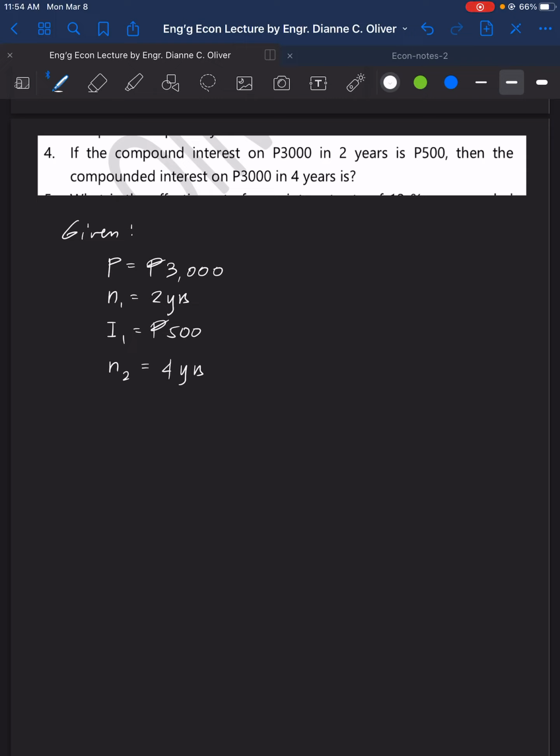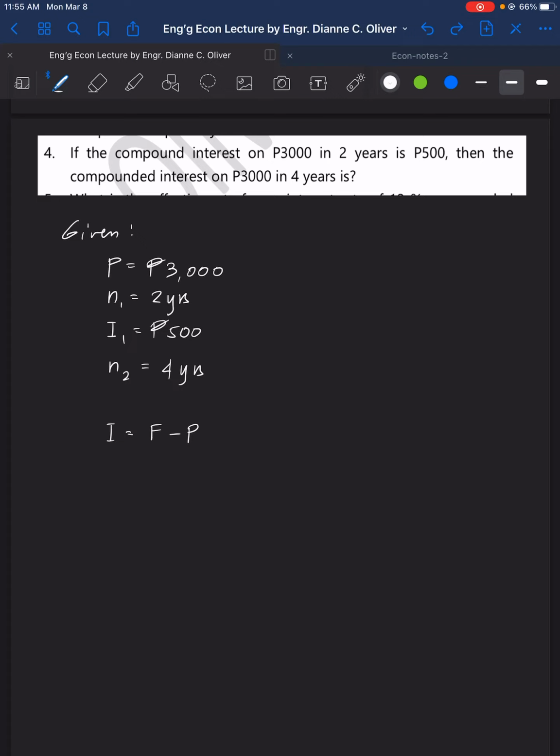So we have here P, and actually the presence of I here, we will be having the formula I is equal to F minus P. So the future worth minus the present worth, and that is the interest here.